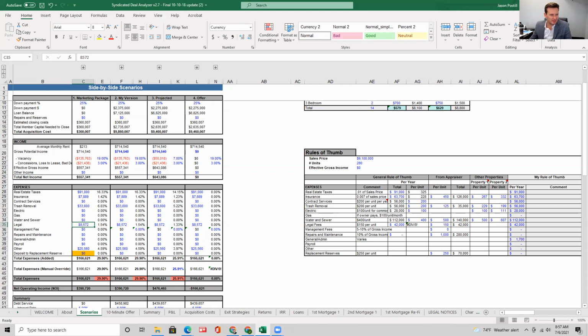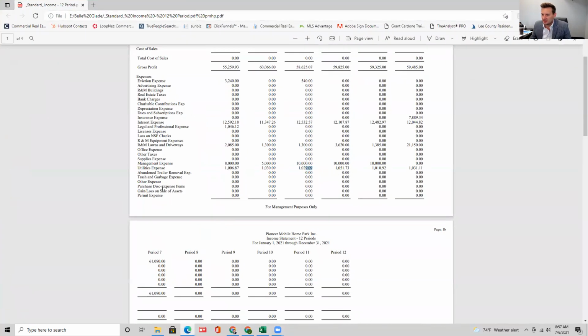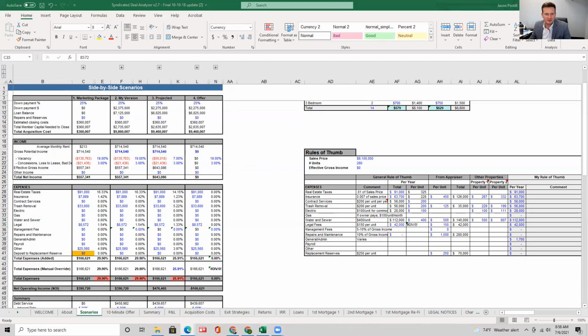Electric, trash. I'm not seeing that on this sheet. Again, there was quite a bit of line items left out. Utilities expense. Okay, so utilities is 1,000 a month. So again, 1,031 plus 1,010 plus 1,029, divided by 3.